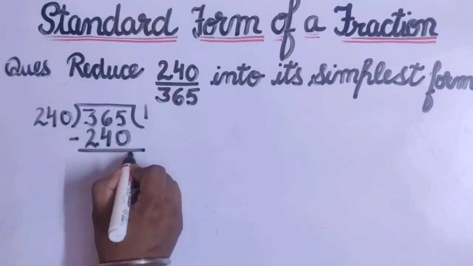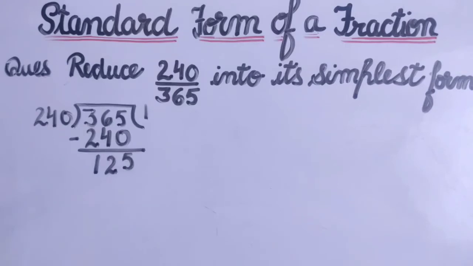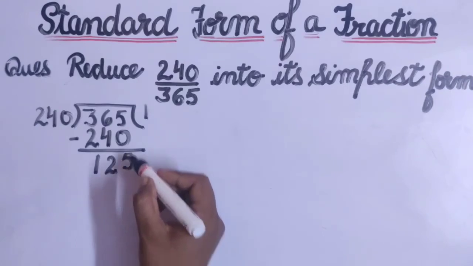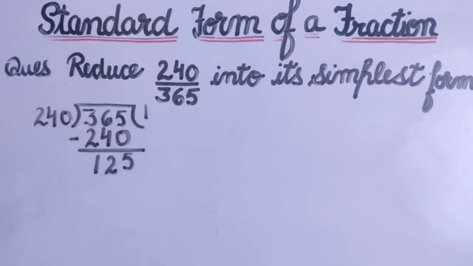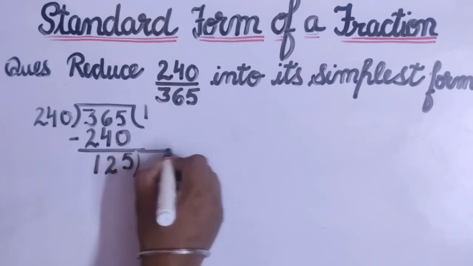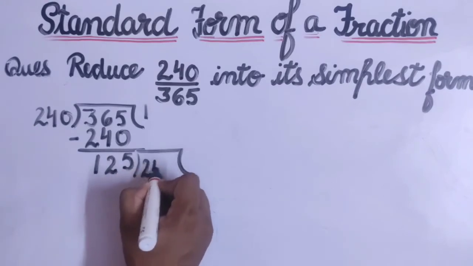Now my remainder will be 125. Second step is when the remainder comes after dividing the bigger value with smaller value, then that remainder becomes divisor and divisor becomes dividend.